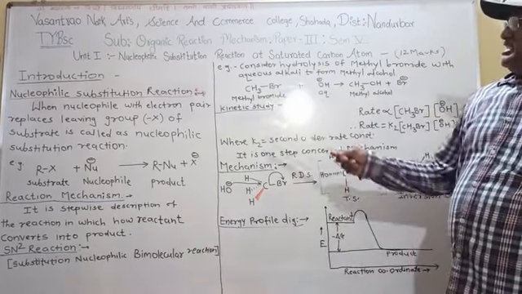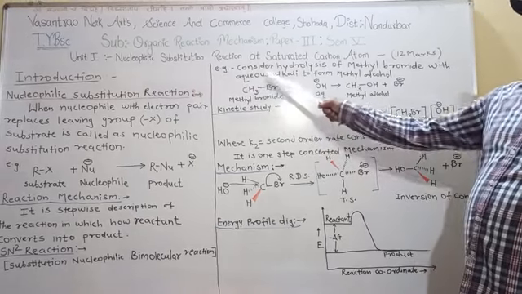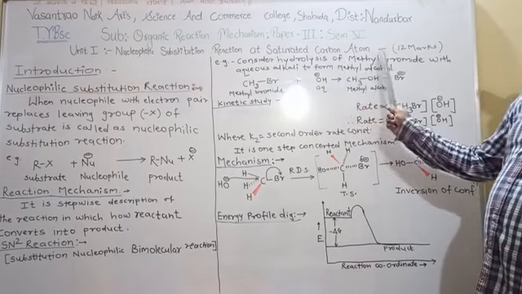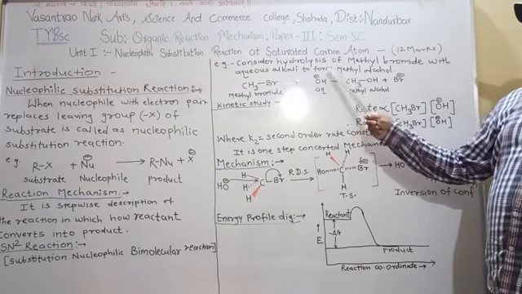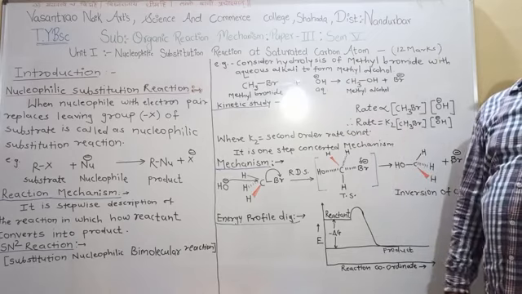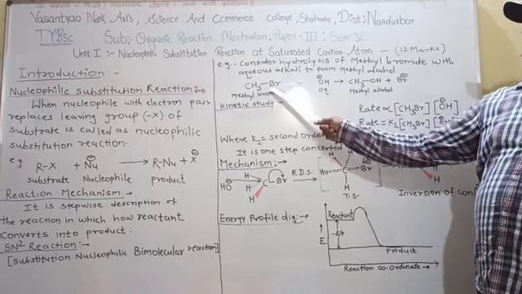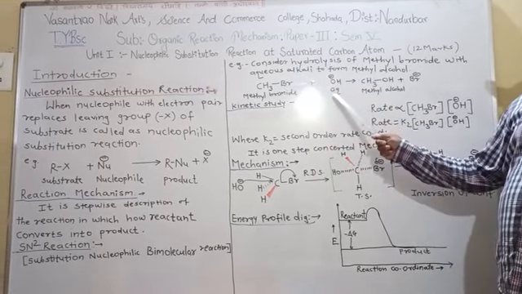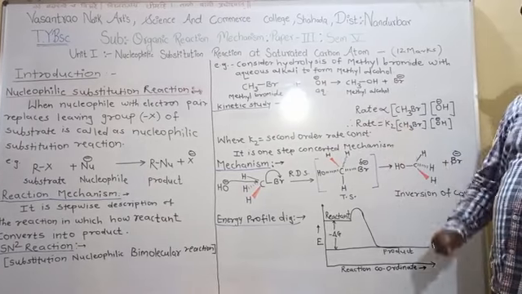Now, example of SN2 reaction. Consider the hydrolysis of methyl bromide with aqueous alkali to form methyl alcohol. Now here, methyl bromide reacts with this aqueous alkali to form methyl alcohol.